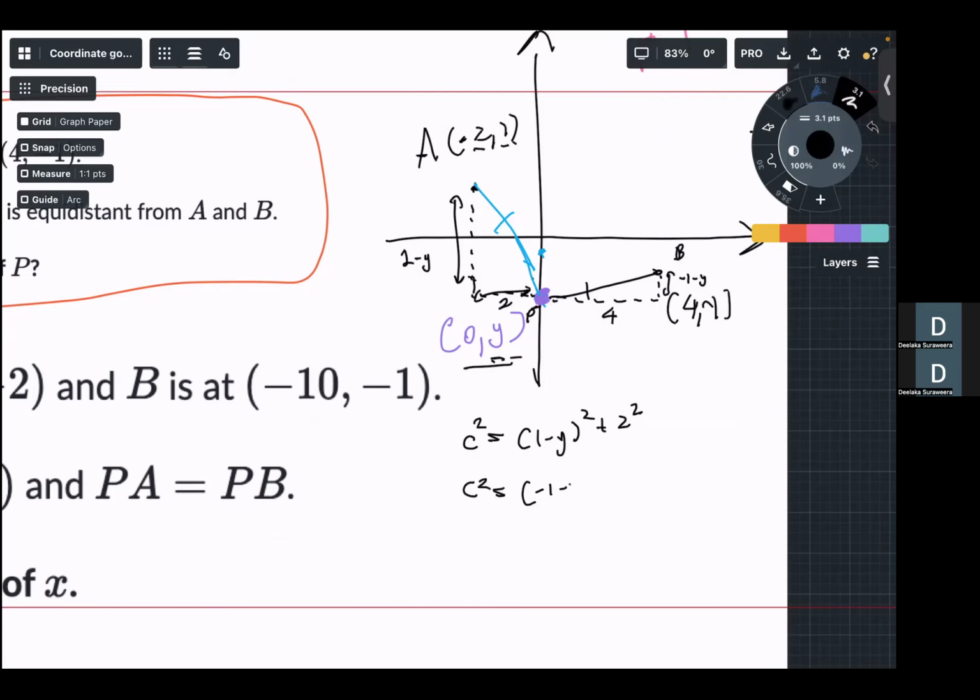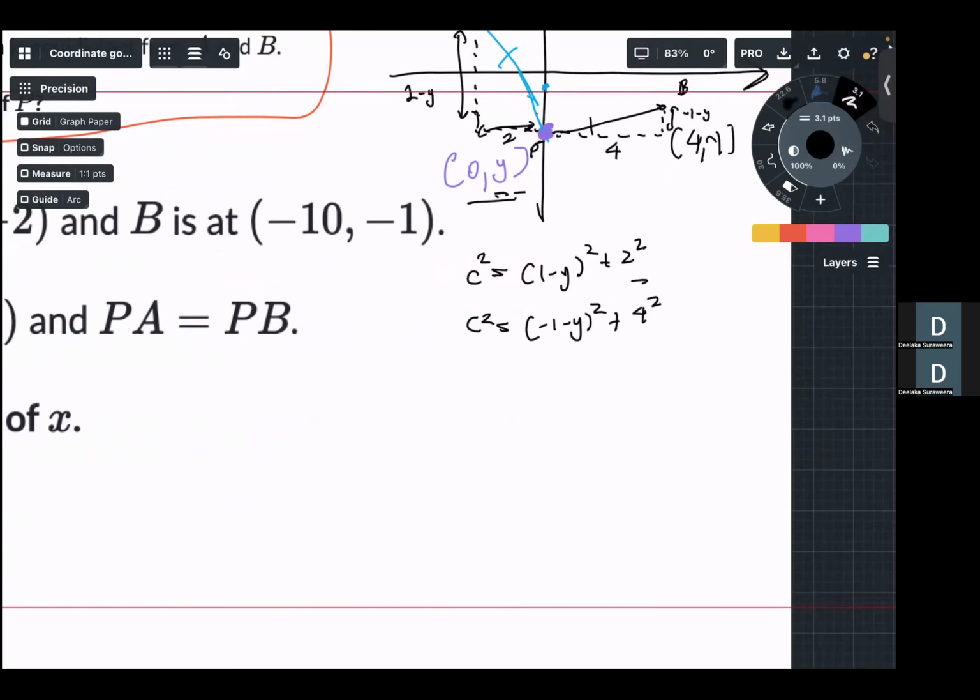It's (negative 1 minus y) squared plus 4 squared. These two are equal. I have an equation for y. You can solve it to find y.